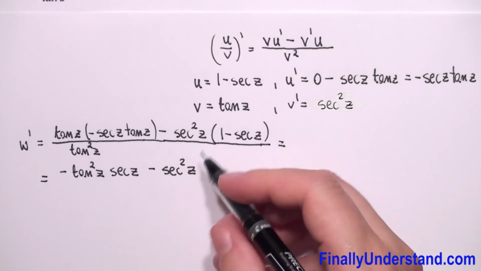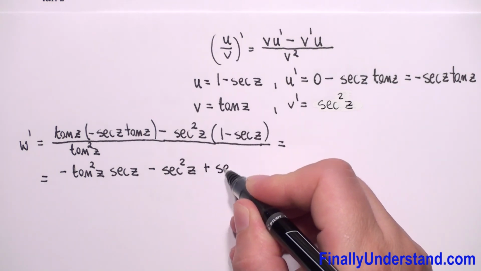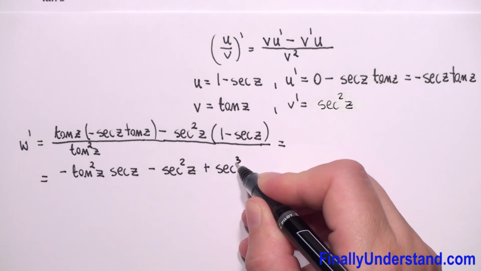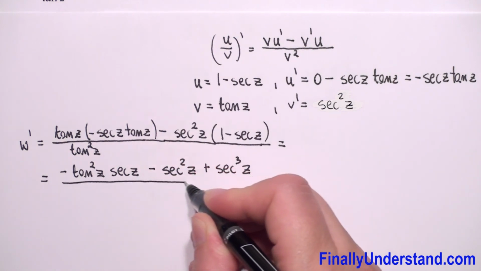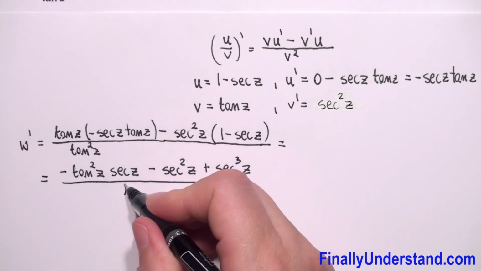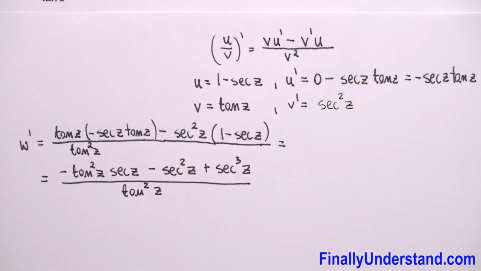Negative times negative gives me positive, so it will be plus secant to the power of three z, over tangent squared of z. This is my solution.